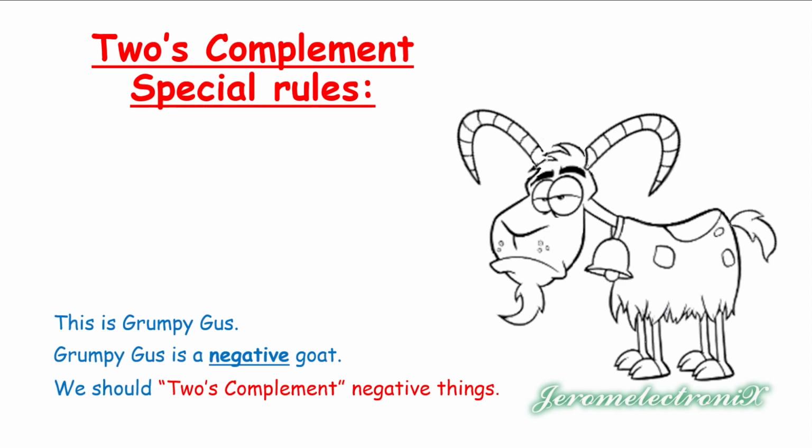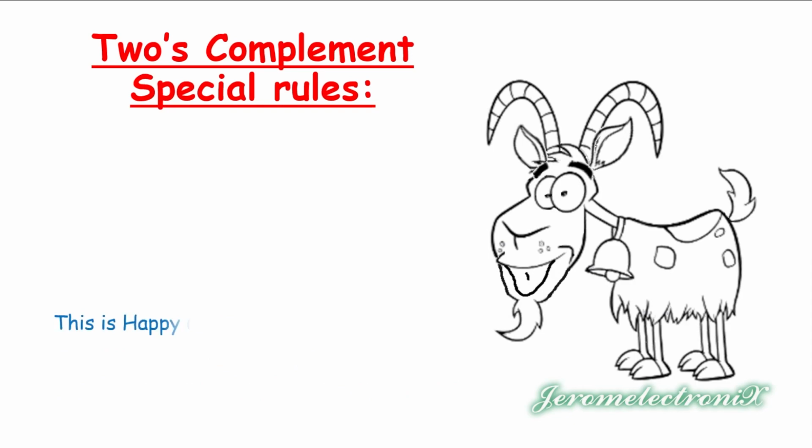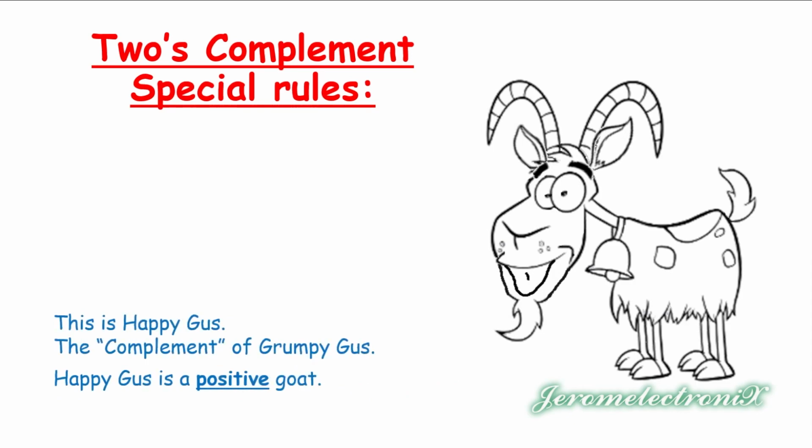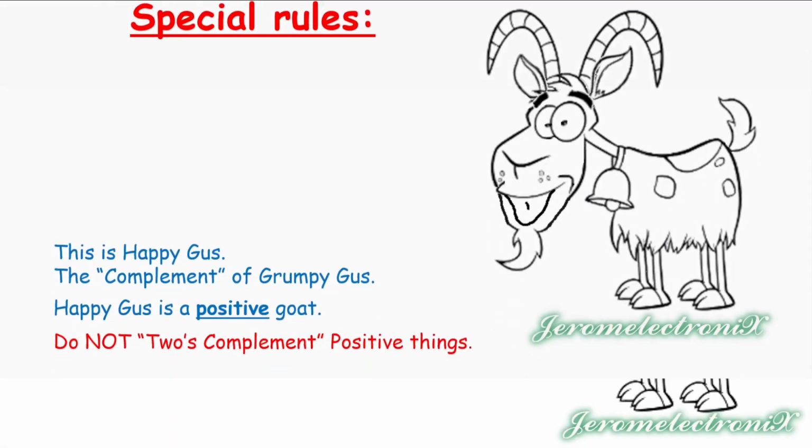But the point here I'm trying to make is only 2's complement negative things. More specifically, only 2's complement negative numbers. Okay? So 2's complementing Grumpy Gus, now we have Happy Gus. Happy Gus is the complement of Grumpy Gus, and Happy Gus is a positive goat. Most importantly, do not 2's complement any positive things.